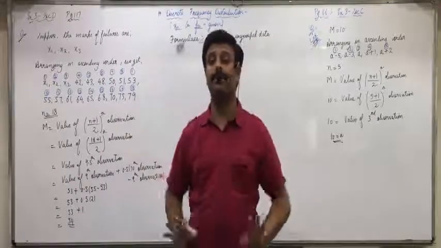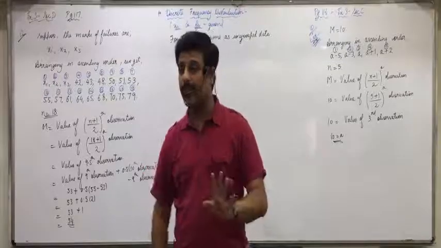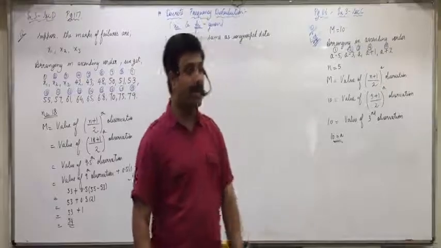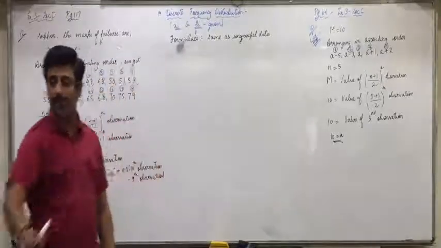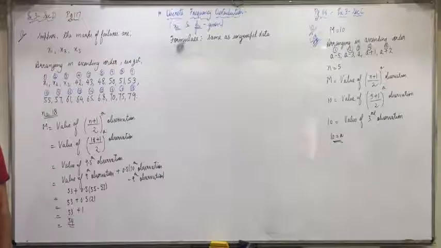Formulas are same. Median value of n plus 1 by 2 observation. Quartiles j n plus 1 by 4th observation. Deciles j n plus 1 by 10th observation. And percentiles j n plus 1 by 100 observation.